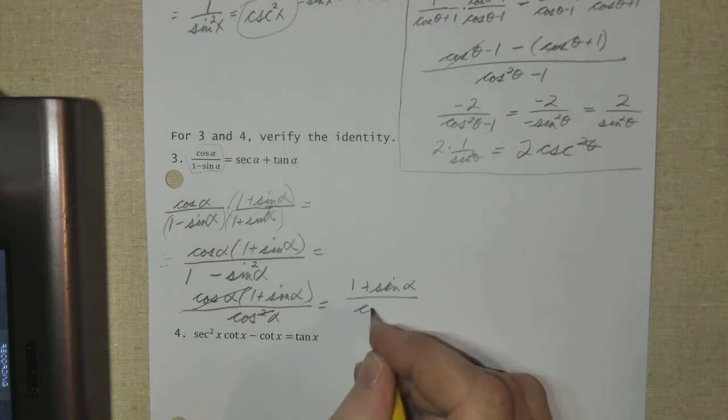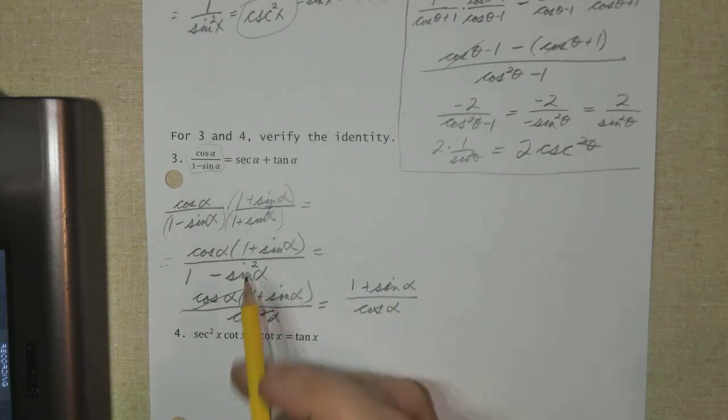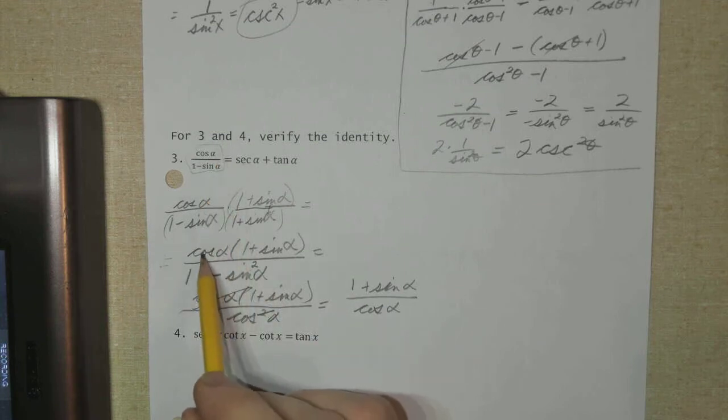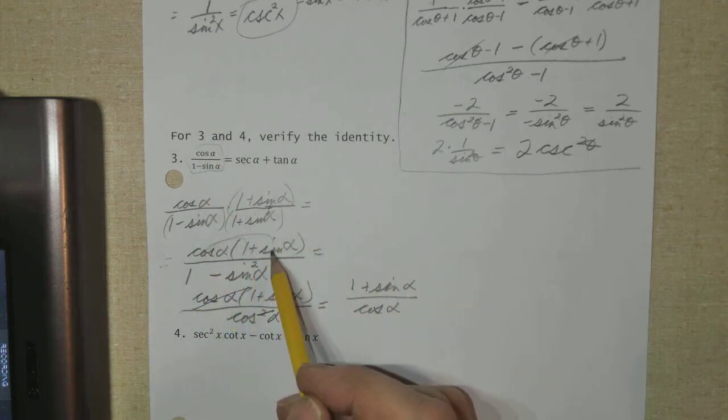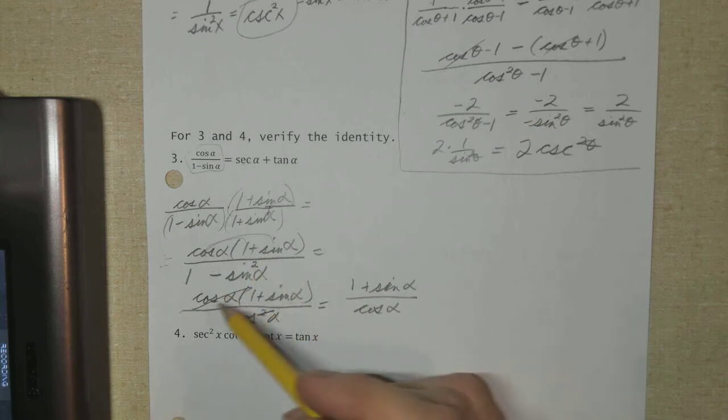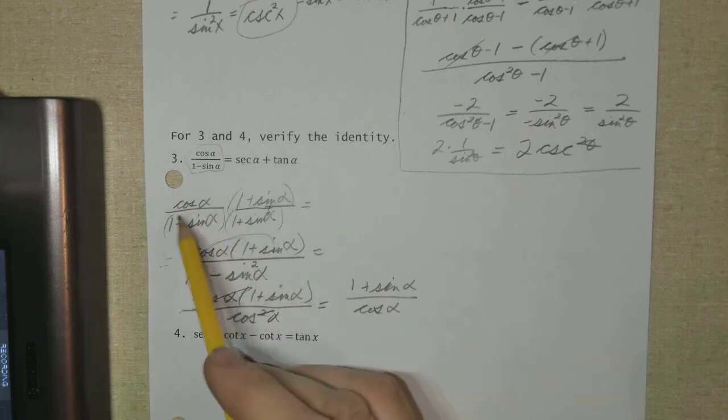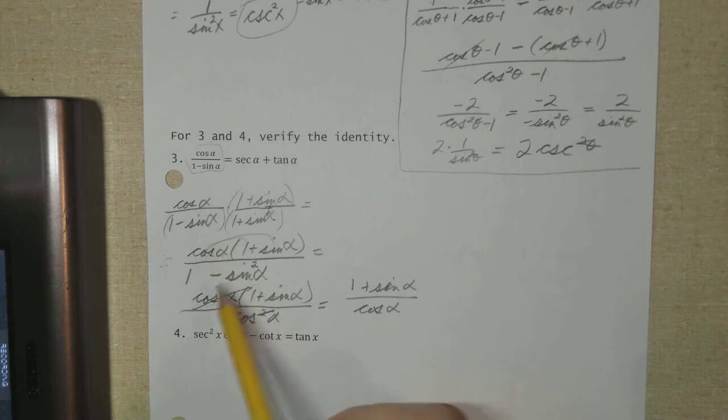alpha over cosine alpha. Now, I did see someone working this problem. They had distributed, which there's nothing wrong with distributing, but then they had to go back and factor again, back to this original form here, to get this canceling done that we just did right here.